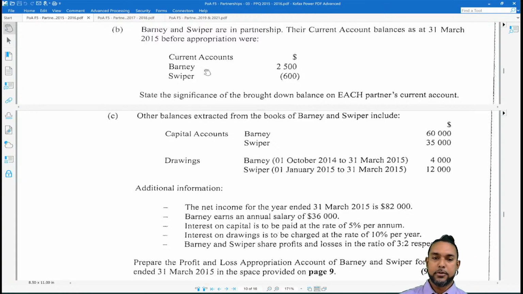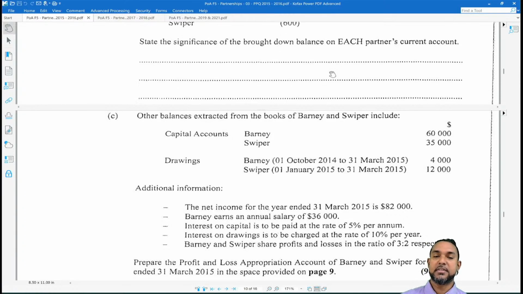Barney was 25. Now Swiper, what do these brackets around Swiper's balance mean here? That's a debit. It's a negative balance, right? So when balances have brackets, they're negative balances, so they go on the opposite side of whatever the increase is. For current accounts, credit is the increase, which means debit is the decrease.